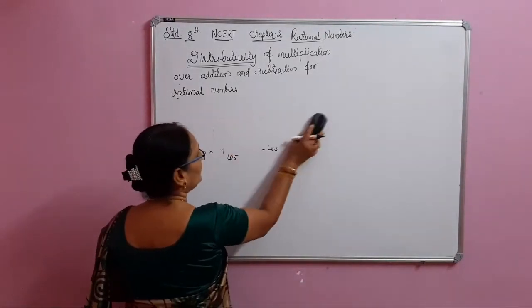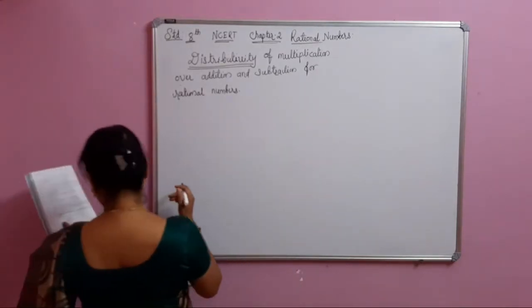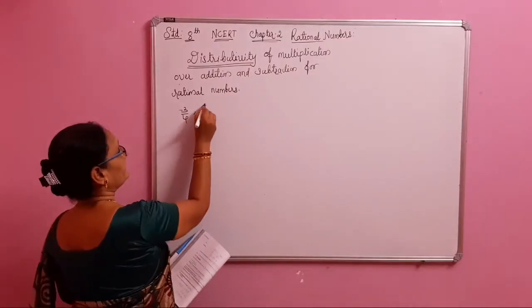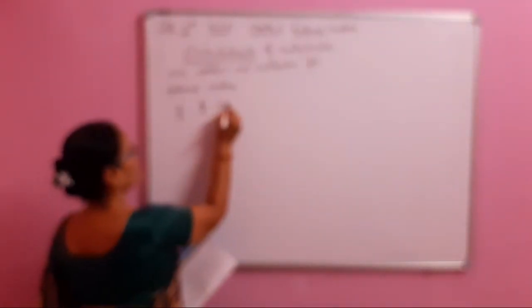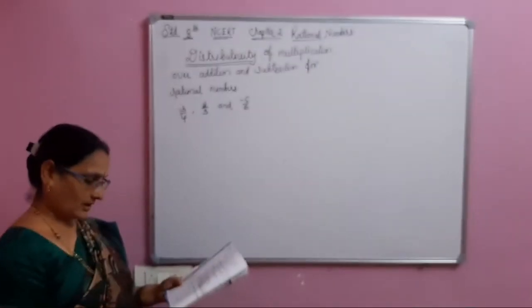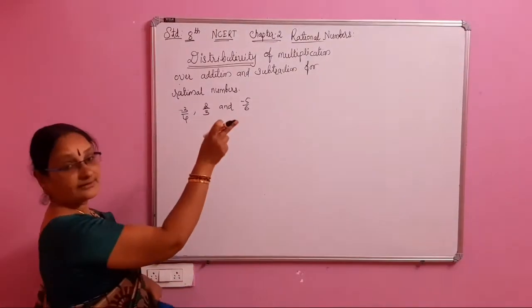Now we will see it for rational numbers: minus 3 by 4, 2 by 3 and minus 5 by 6. These are the three rational numbers. How to do this for multiplication over addition?